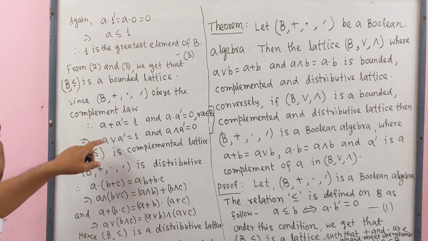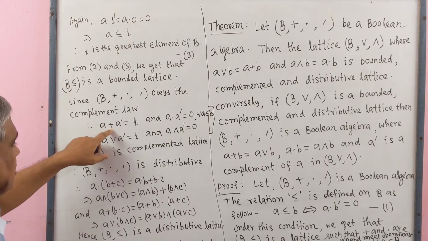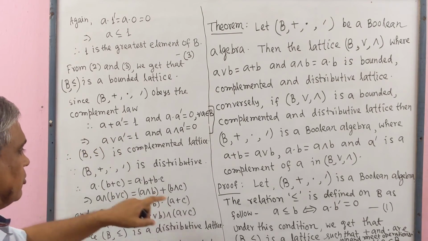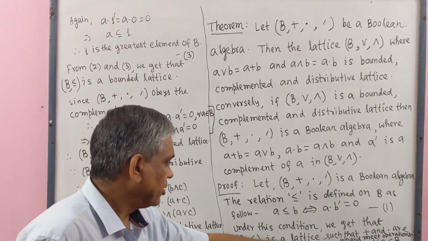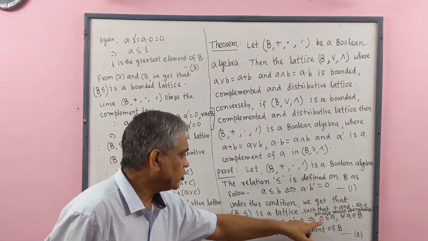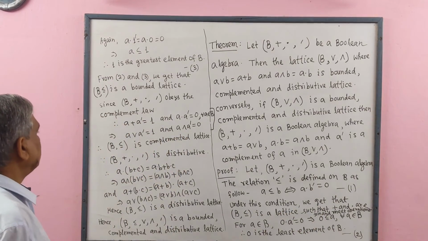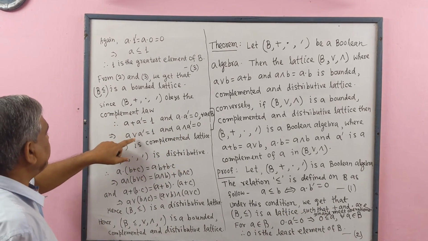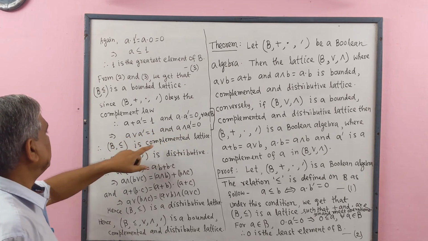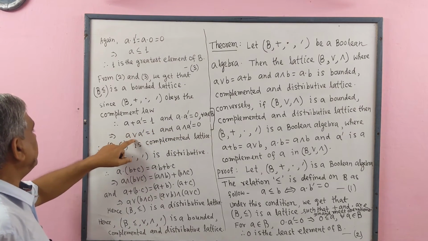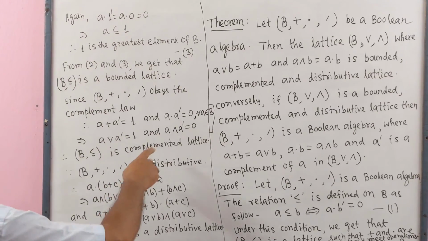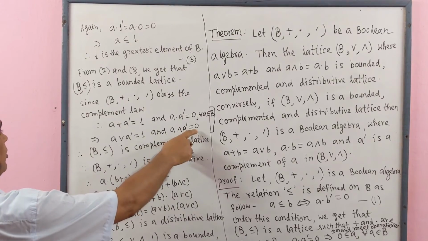Since plus means join, here we have already told that plus and dot are join and meet operations. So in place of plus we write join, in place of dot we write meet. So A join complement of A equal to 1 and A meet complement of A equal to 0.